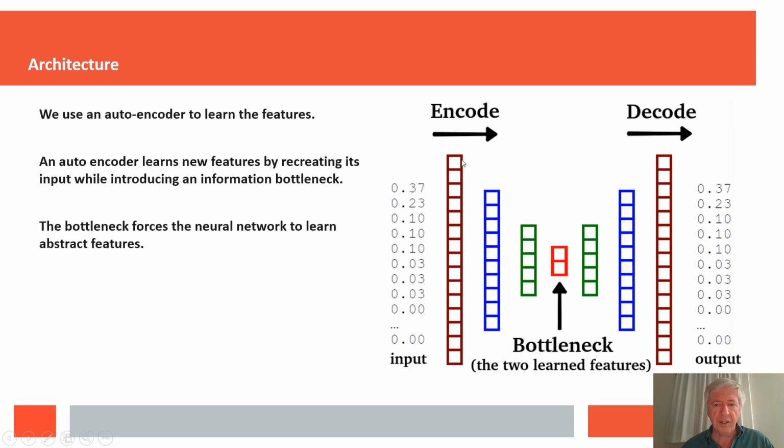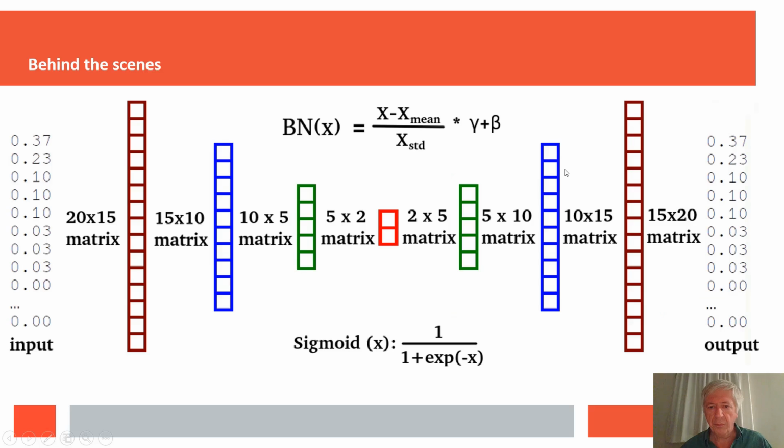And then comes the method. We start with a vector of length 20. We reduce that to 15, and that should be the best vector of length 15 to go back later from 15 to 20 again. And then from 15 we go to 10, to 5, and to 2. Here you see it worked out in greater detail.